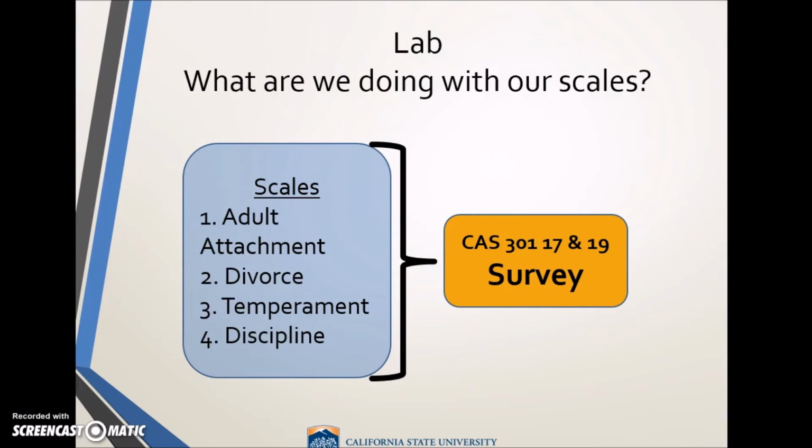So if you're creating a scale of discipline, you will want to ask this adult, say, what was your mother's parenting like, essentially. So an item might be, I felt that my mother's punishments were too harsh. Strongly disagree to strongly agree. I feel that my mother's punishments did not fit the crime.